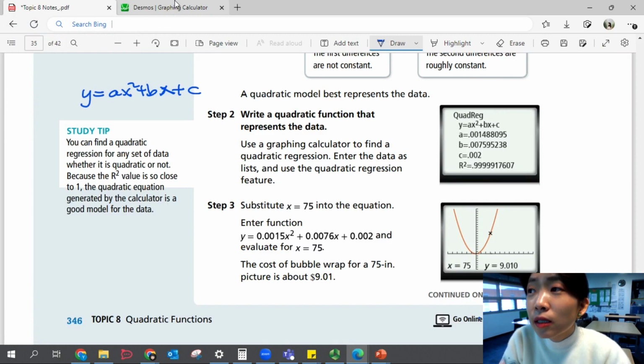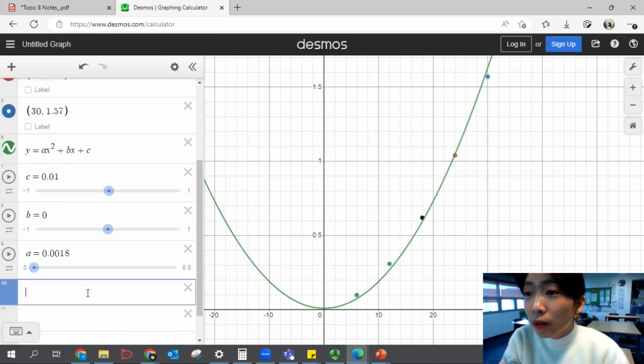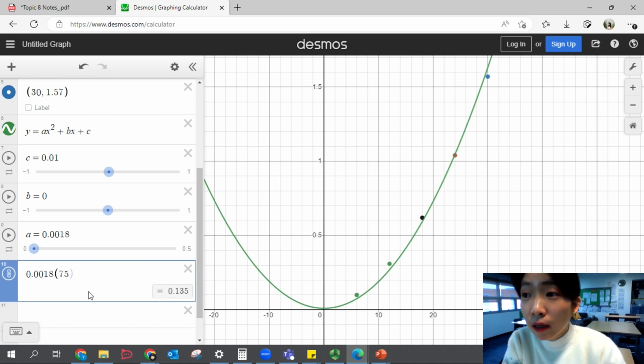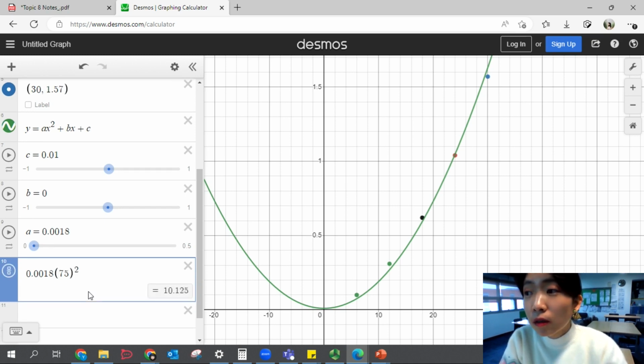So look at 75, and you can plug it in. What's A? So 0.0018 times 75 squared plus C, 0.01, is about 10.135.